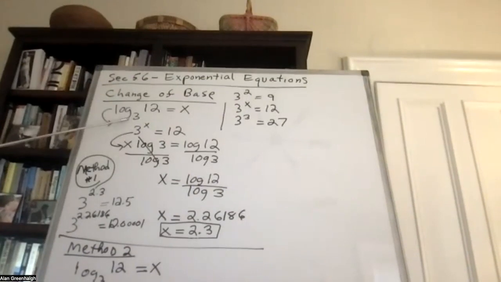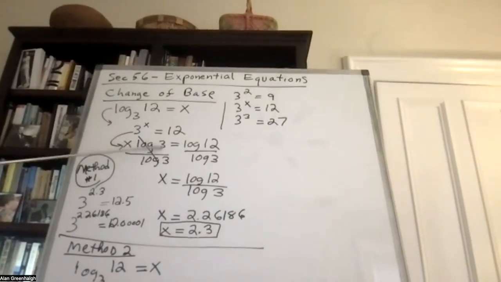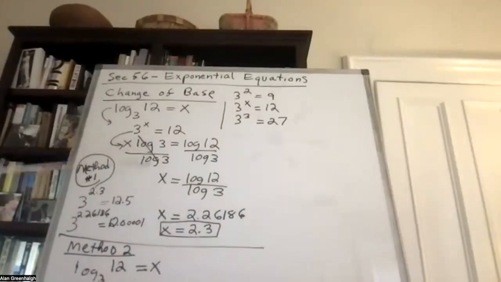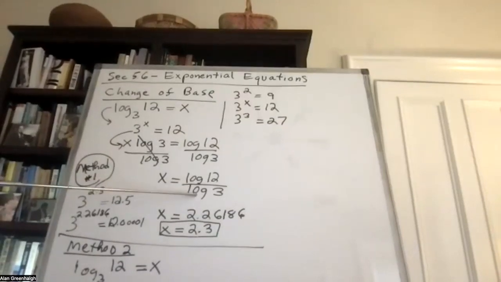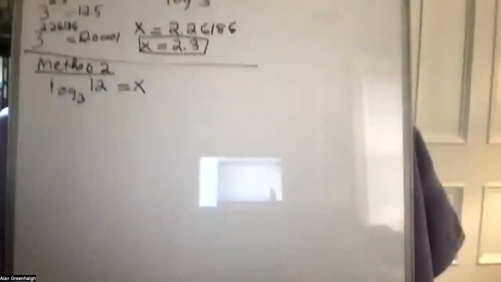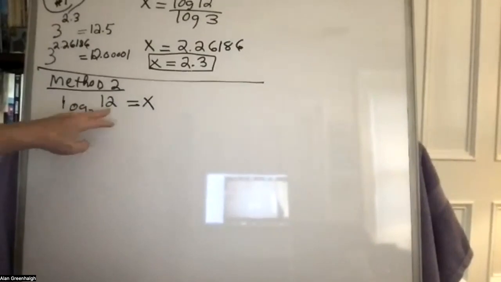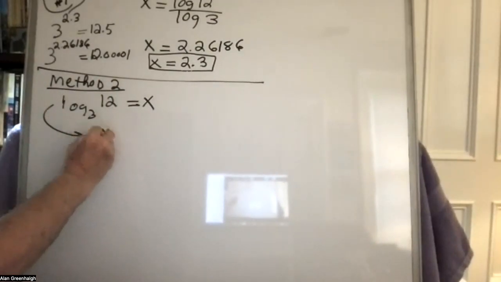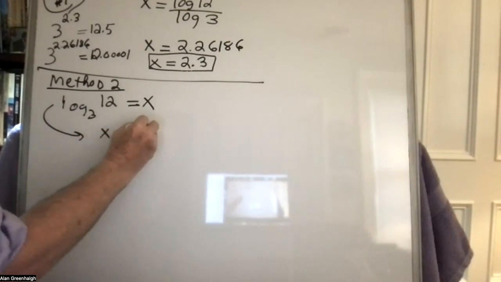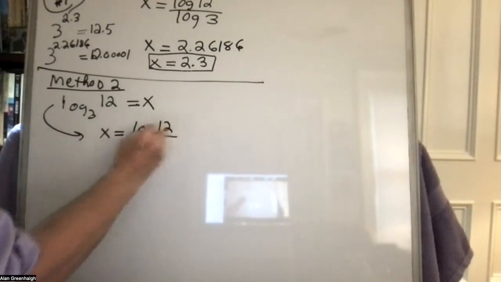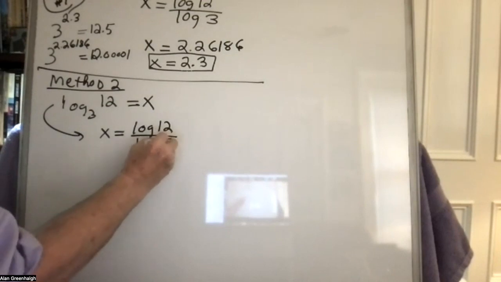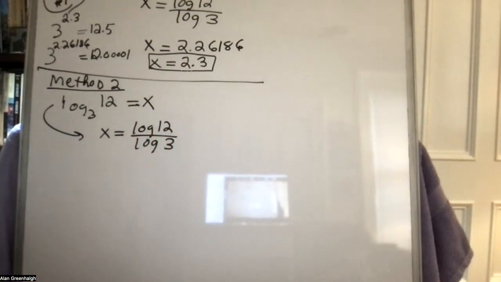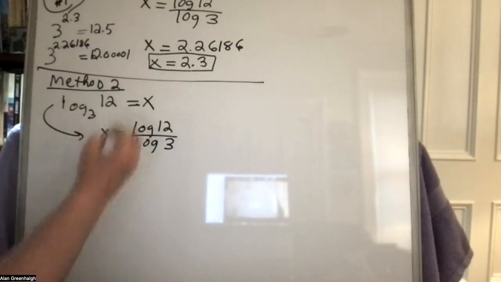In other words, making this log of 3 equals, and all that stuff, and then dividing by it. Just by looking at this, you can immediately come to the conclusion that x is equal to the log of 12 divided by the log of 3. You don't have to go through any other thing. This is the fast way of doing it.